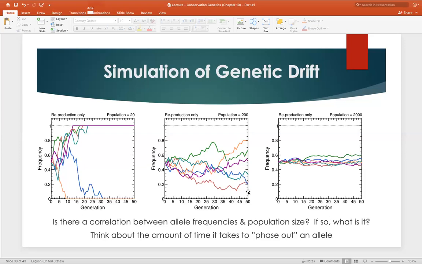Well, let's take a look and see if we can reduce the population yet again and see what kind of effect that we see. If we look at our graph furthest to the left, we are observing our population of 20 breeding individuals. In this case, once again, note that our frequencies are roughly all starting around the 0.5 to keep things consistent. Look at the changes over time. Just like in our population of 200, changes get more drastic the further we go through generations.